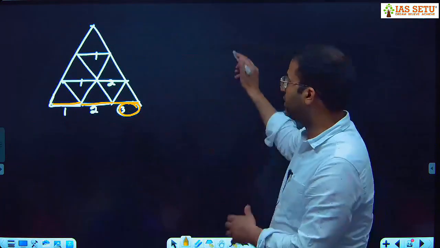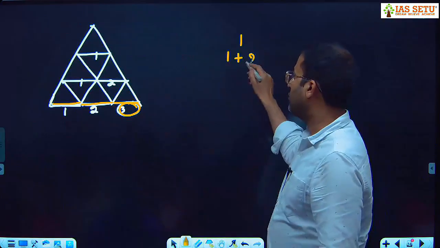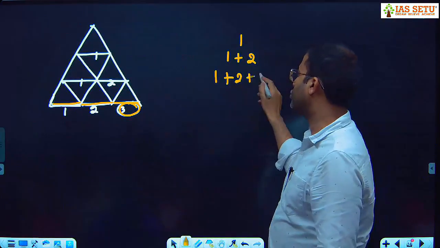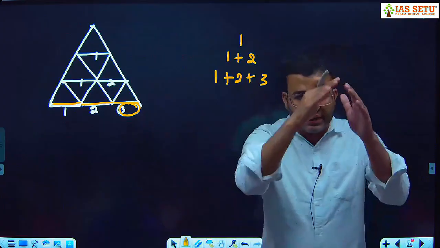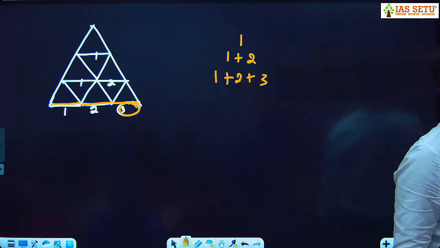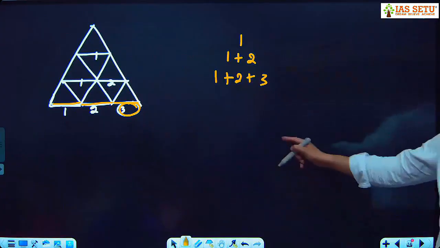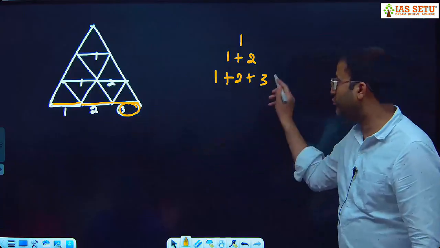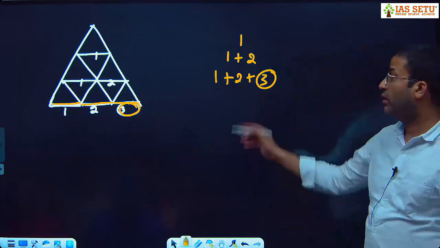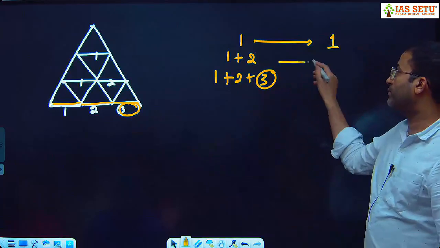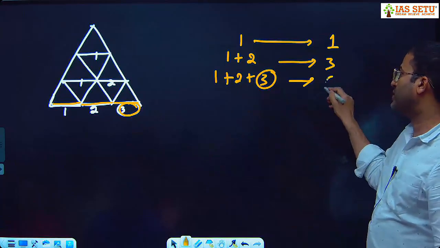So we have to make the same thing: 1, 1 plus 2, 1 plus 2 plus 3. We have to make a trail. See here the highest number is 3, you have to stop here. So this is 1, 1 plus 2 is 3, 1 plus 2 plus 3 is 6.